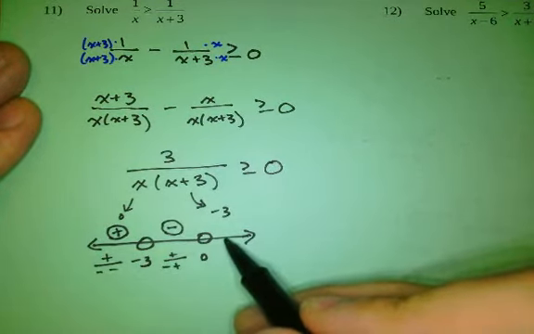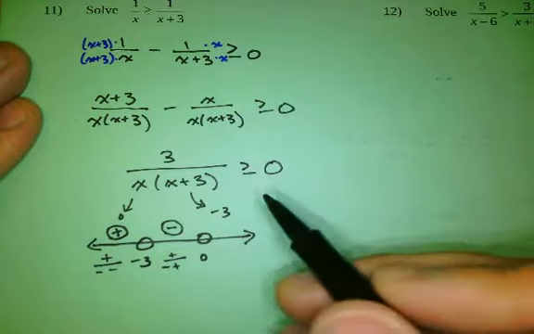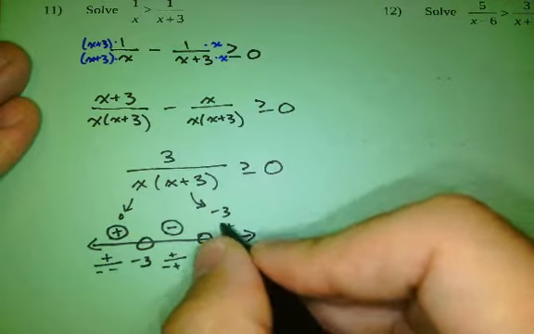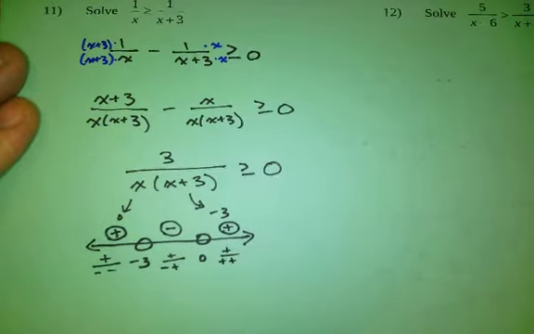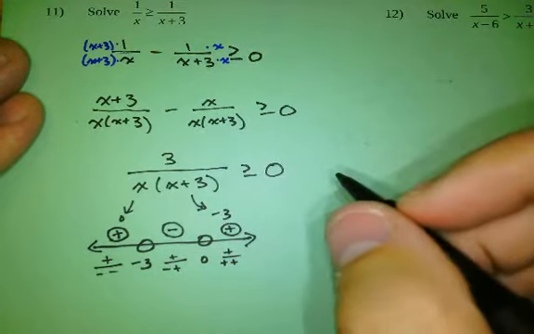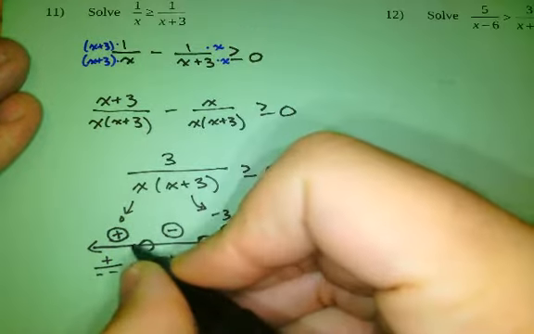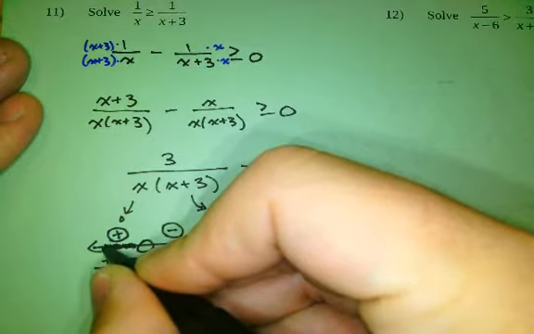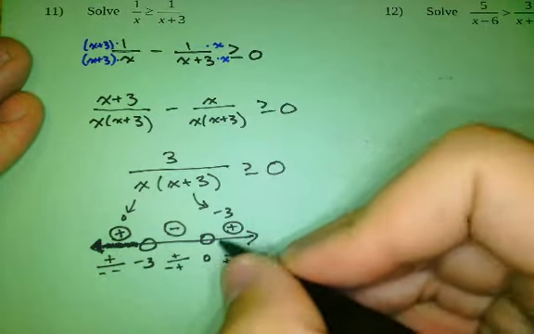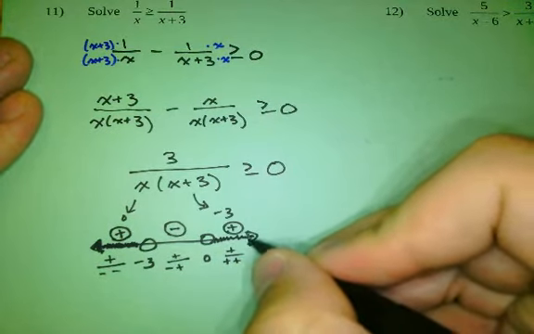And then to the right of 0, plug in a 1, which is positive over positive, which is positive. So I'm going to shade what numbers? Shading the positives, because I'm looking for numbers that are bigger than 0.